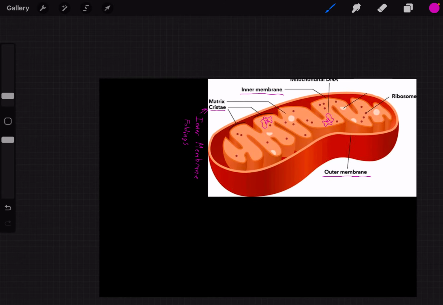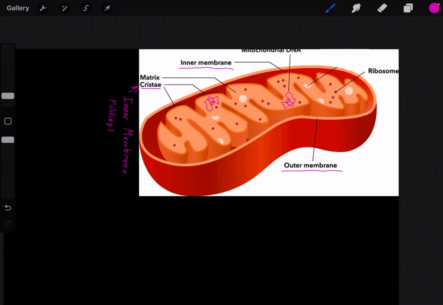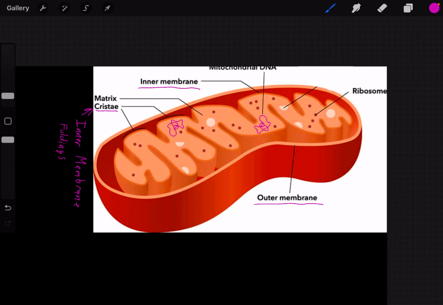Endosymbiosis is the theory of what might have happened to the mitochondria and chloroplast, where the mitochondria was absorbed by the eukaryotic cell. So that's probably where they got the outer membrane from, and the inner membrane might be the actual bacteria.